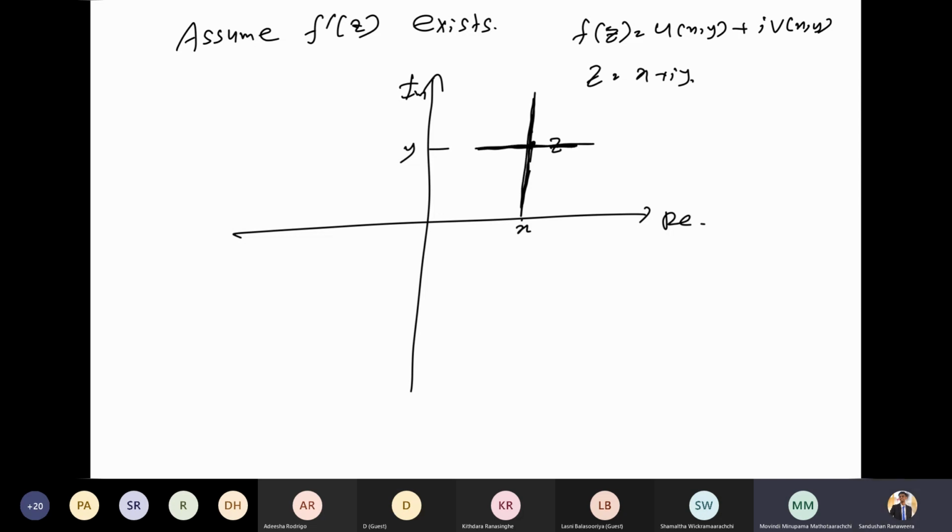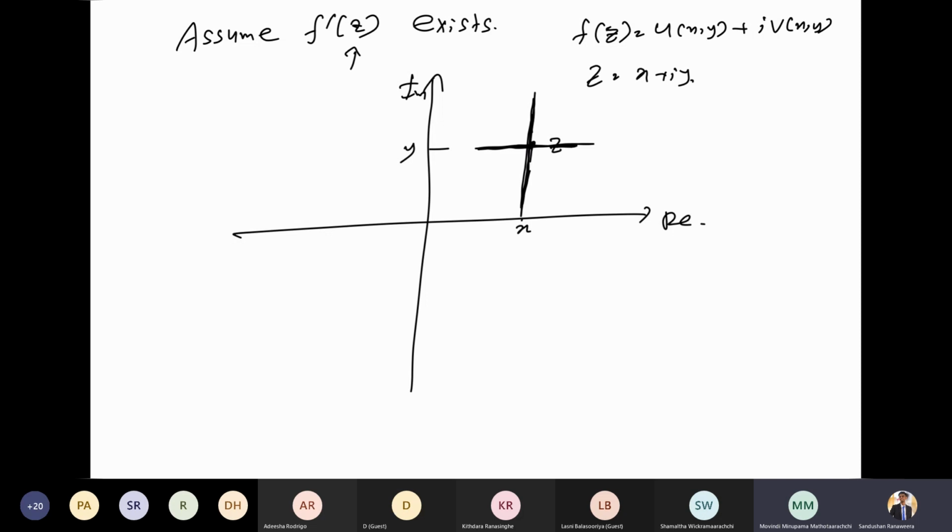Because if my f'(z) exists, then if I move delta z in this direction and evaluate this limit, and I move in that direction and evaluate the limit, those two should be the same.